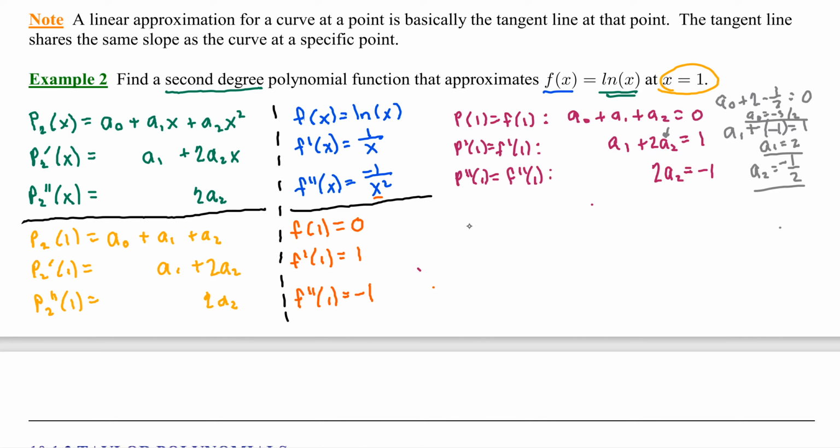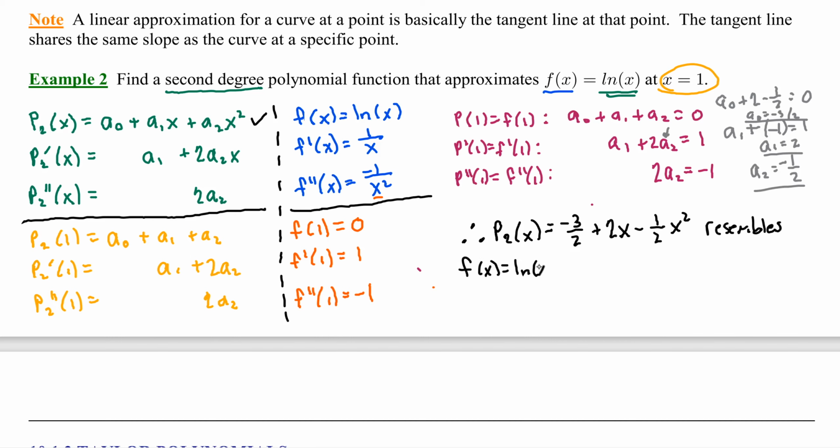Okay, so we can make our conclusion. We can say, therefore, the polynomial p sub 2 of x, which is equal to a naught, we found negative 3/2, plus a sub 1, remember we got 2 for a sub 1, times x, plus a sub 2, that's negative 1/2 times x squared, resembles the function f of x equals natural log of x around x equals 1.